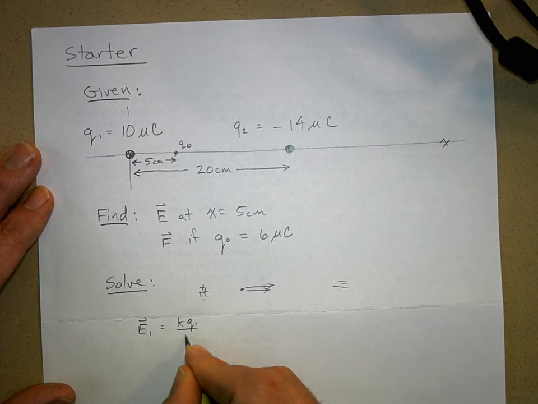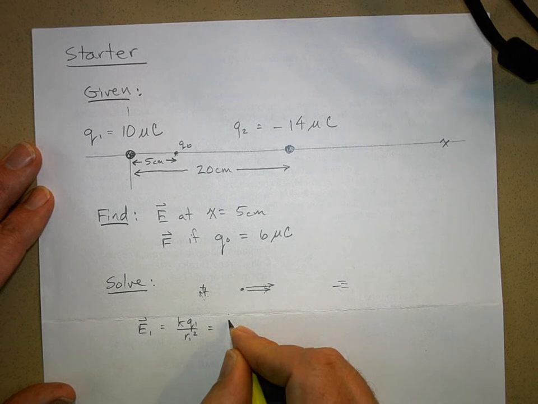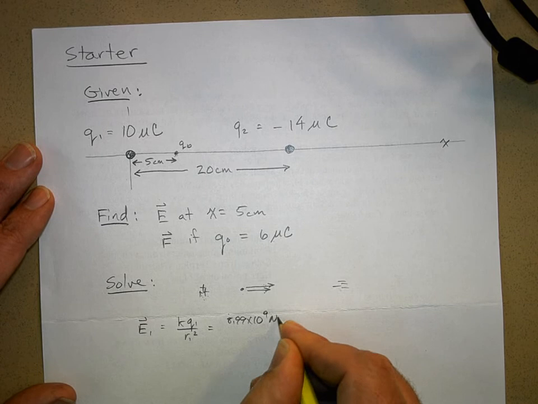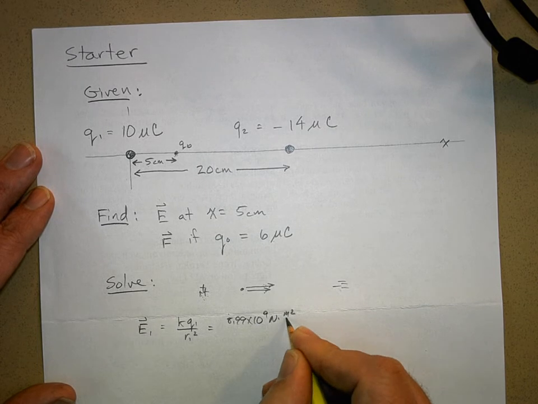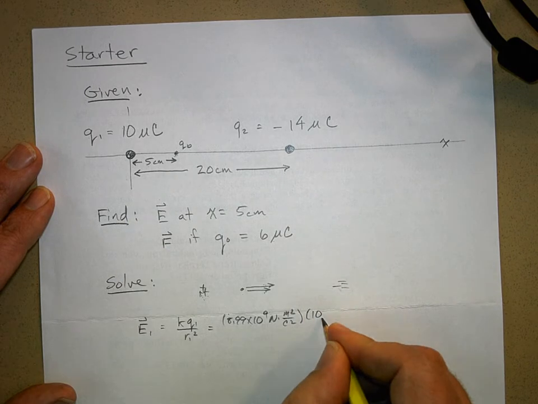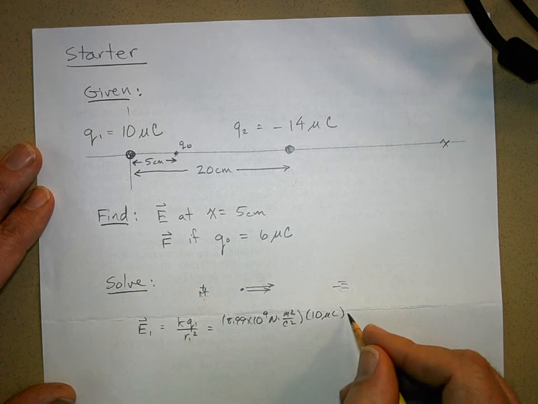K Q1 over R1 squared. And that's going to be 8.99 times 10 to the 9 newton meters squared per coulomb squared times 10 microcoulombs. Remember when you use your calculator to put in times 10 to the negative 6. The nice thing about the micro symbol is you don't have to write that down every time. It's just a shortcut.